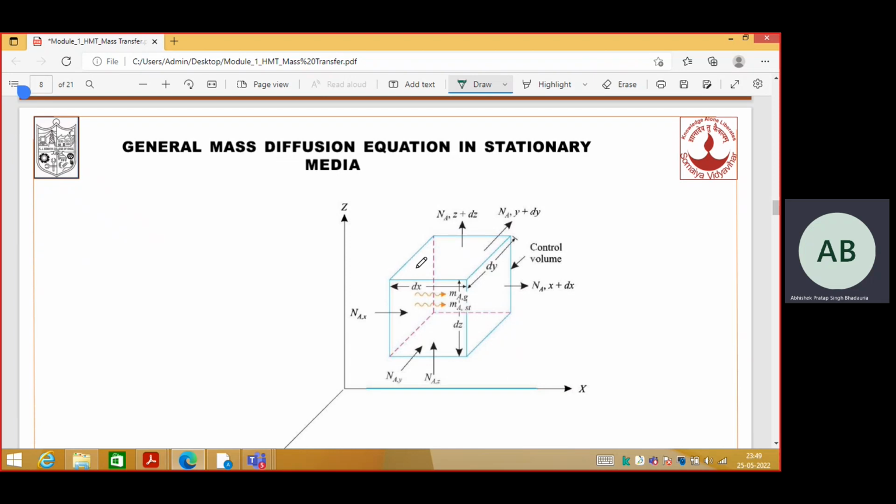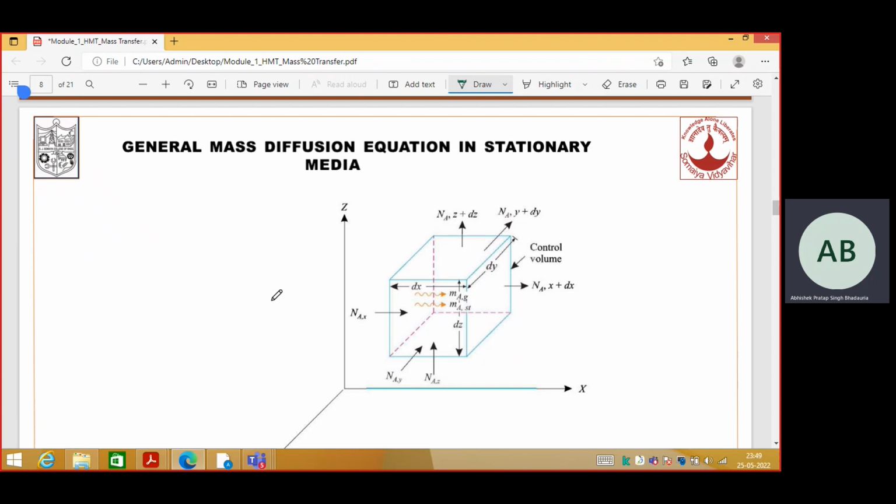Now let's come to the general mass diffusion equation in stationary media. This equation is similar to the three-dimensional general heat conduction equation in Cartesian coordinates. I've already told you heat transfer is analogous to mass transfer. In the similar fashion as we derived the three-dimensional general heat conduction equation, we can derive the general mass diffusion equation in stationary media.